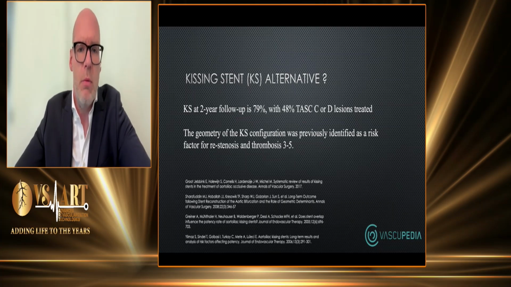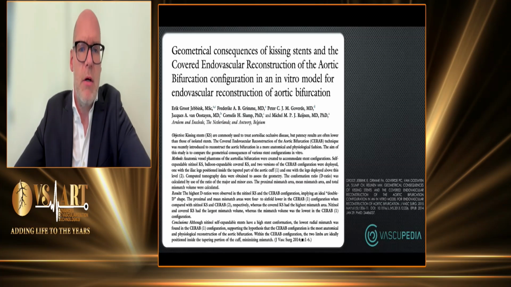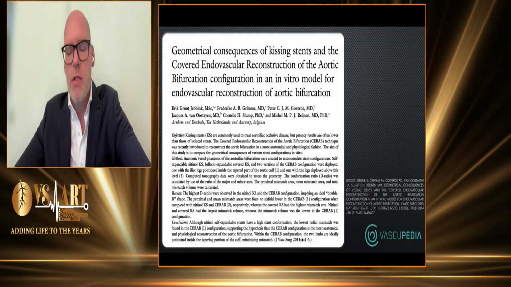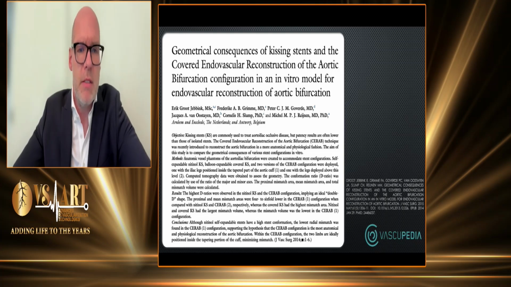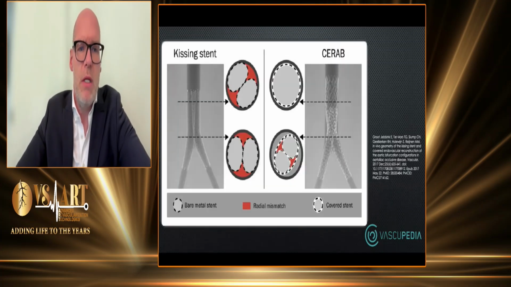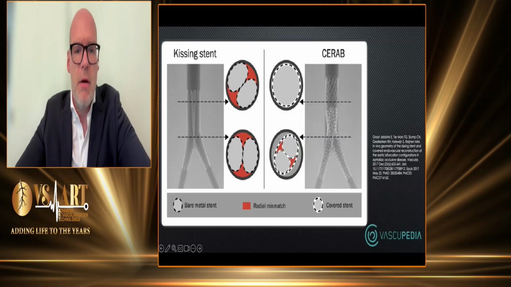And why is that? There is a configuration in a geometrical system from Peter Gaverde. He also invented the CERAB system. And what you see is when you use a kissing stent instead of a CERAB stent, there is a radial mismatch in that one.